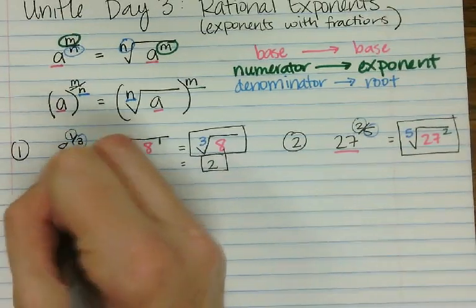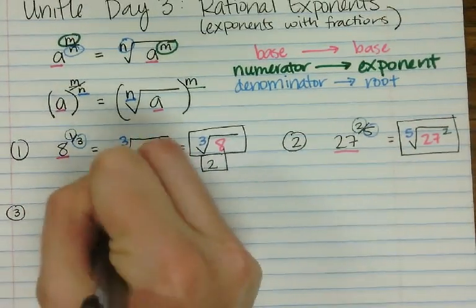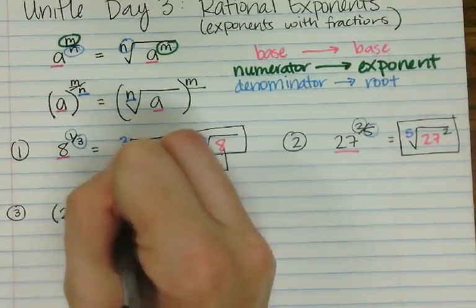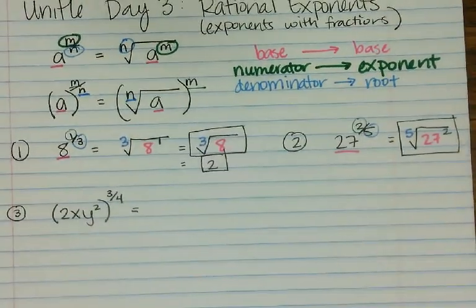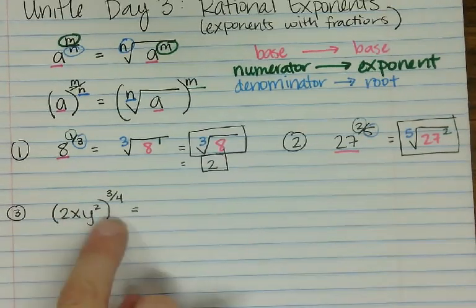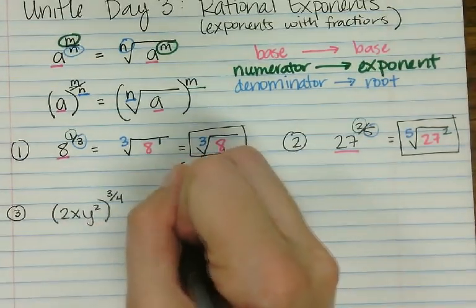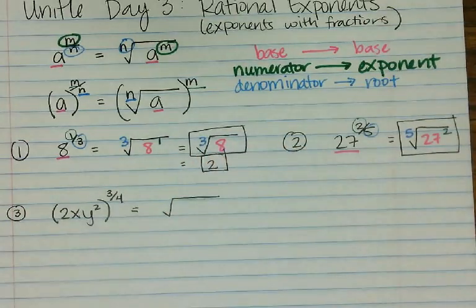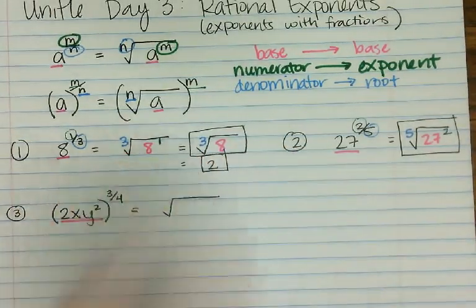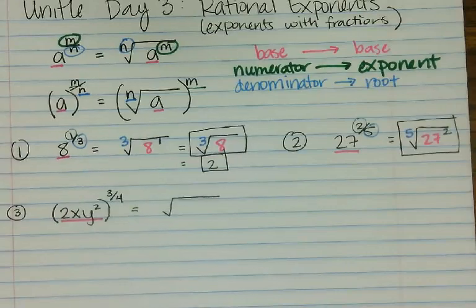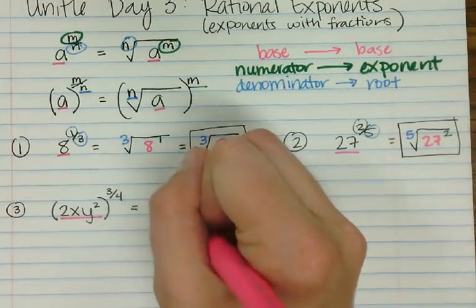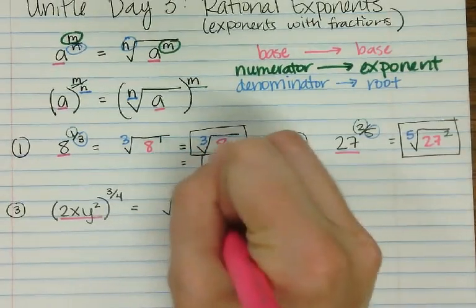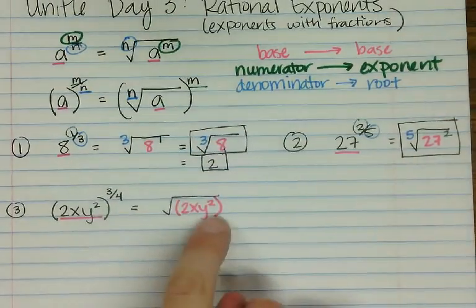So if we had something like 2xy squared to the 3/4 power, well, guys, we could write this two different ways. To the 3/4 power, we would write our little radical. And this entire thing right here, 2xy squared, is my base, so that entire thing is inside the radical.